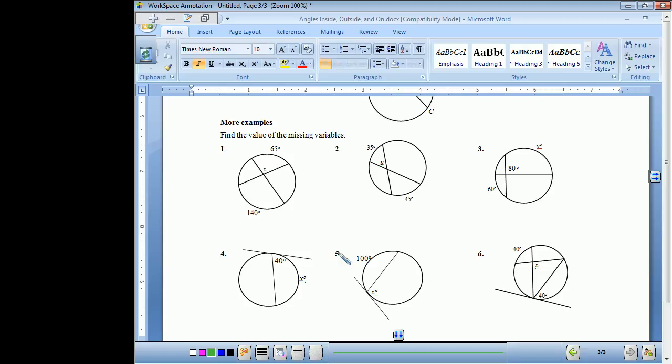Now this one, what I did was I moved... so this is 1/2 R, so R is 100. You have to multiply by 2. But that's not what they want you to do. We know that these two together make a straight line. Two angles plus... add up to a straight line, which is 180. So you take 180 and half.